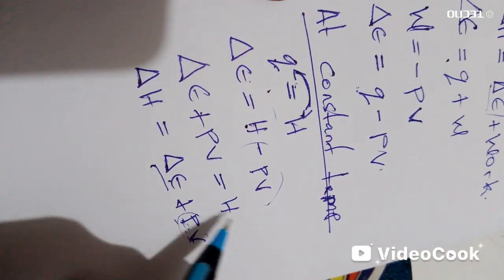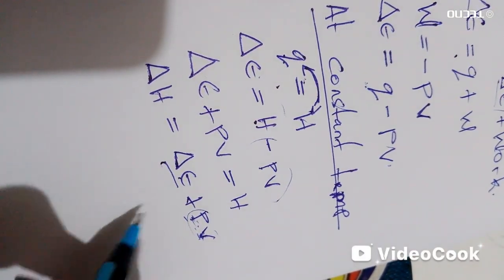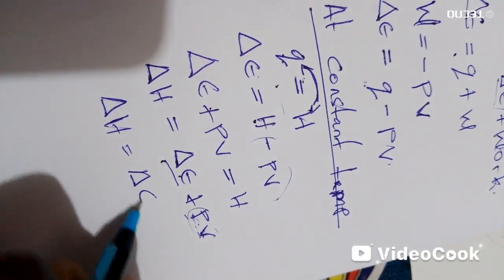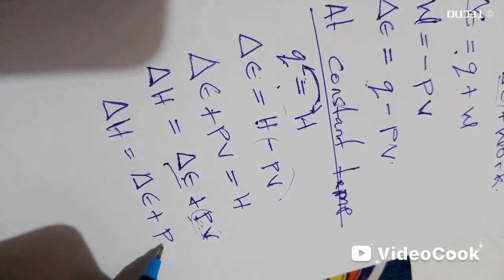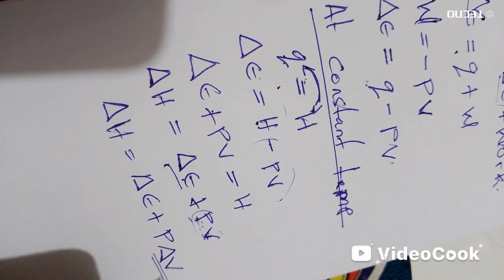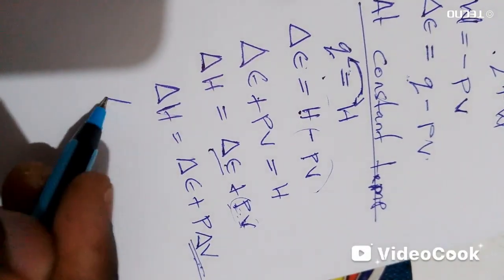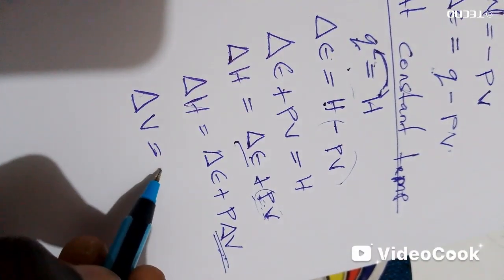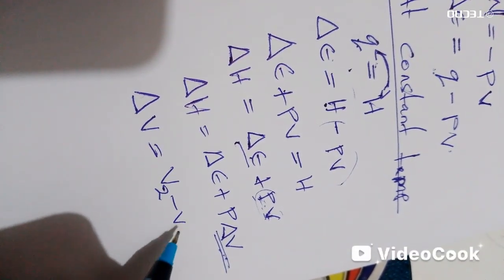Sometimes you find that it's written as delta H equal to internal energy plus PV plus P delta V. So meaning sometimes the volume can change, where delta V can be volume 2 minus volume 1.